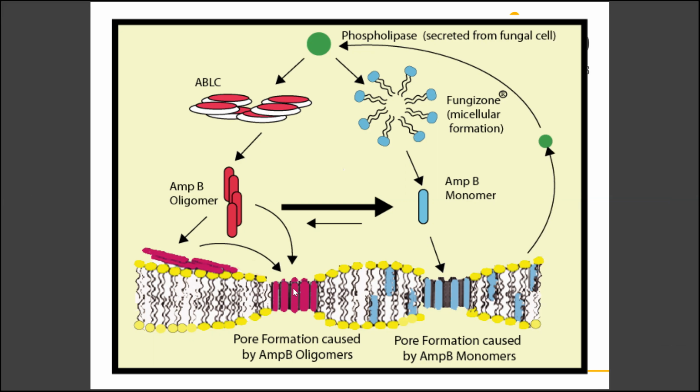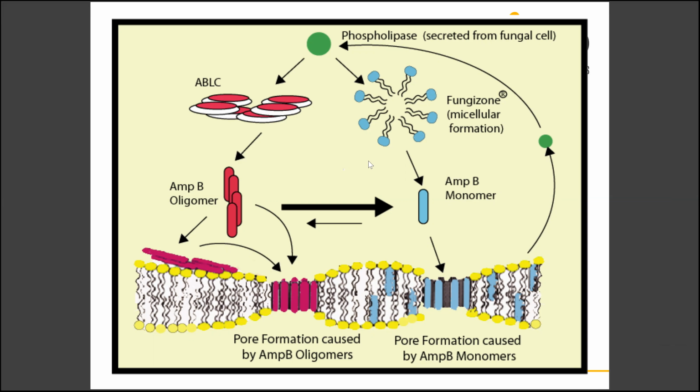However, kidney cells do not have phospholipases. They don't secrete them as a protective mechanism. So when the formulation comes to the vicinity of the cell membrane of a kidney cell, it can't break down the AMP-B or release the AMP-B into the monomeric form. Therefore, the AMP-B cannot bind to the sterol component of the kidney cell and lyse the cell.